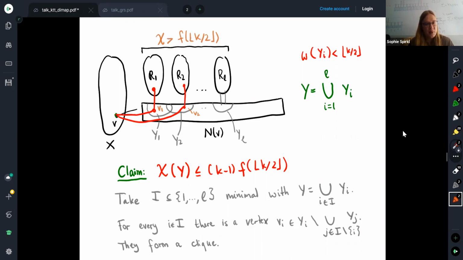So the set of indices we kept: if we pick one representative for each of them in such a way that each representative has a private set it goes to, those representatives form a clique. And therefore, we must be able to cover all of Y with at most k-1 of these sets Yi, because there can't be a clique of size k here since v is adjacent to all of them.